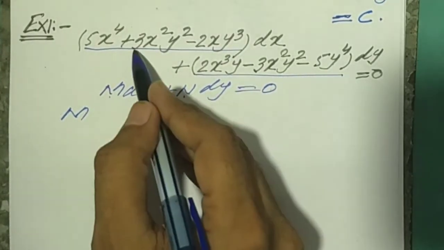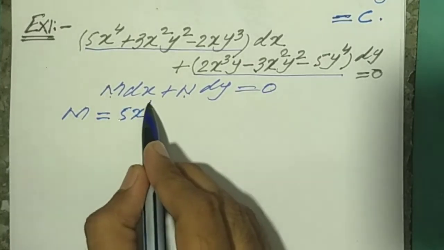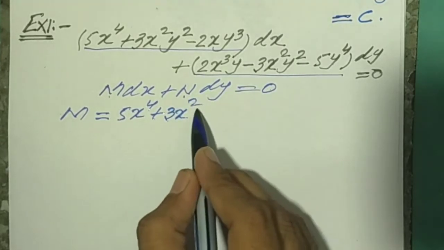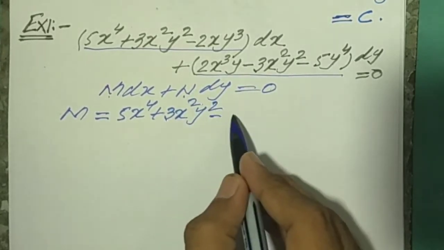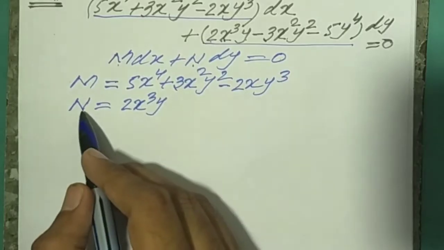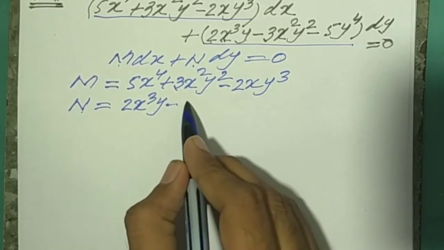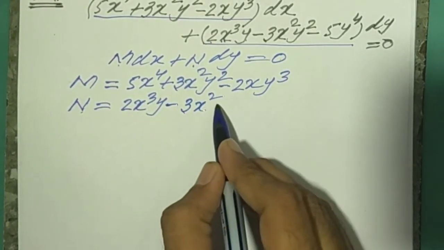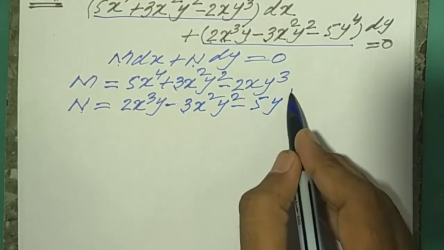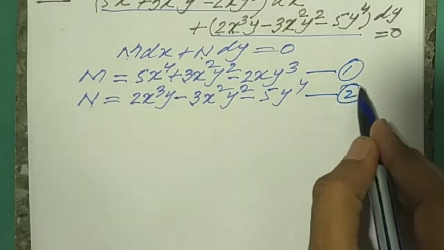Comparing with this equation, we get M is equal to 5x to the power 4 plus 3x square y square minus 2xy cube, and N is equal to 2x cube y minus 3x square y square minus 5y raised to the power 4. So let it be equation 1 and let it be equation number 2.